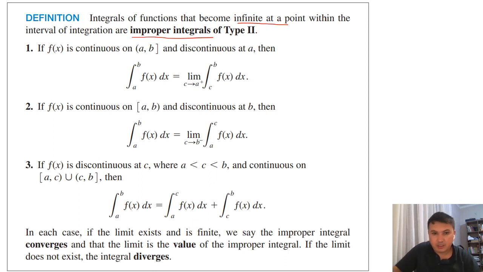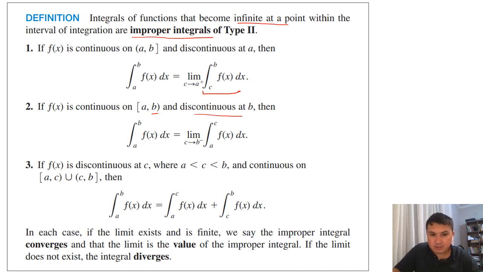Then basically you integrate from c to b, so you pick c larger, and then you approach a from the right. If it's the other way around, if b is problematic, and at b the function is discontinuous, then you integrate from a to c, and then you approach b from the left, right?